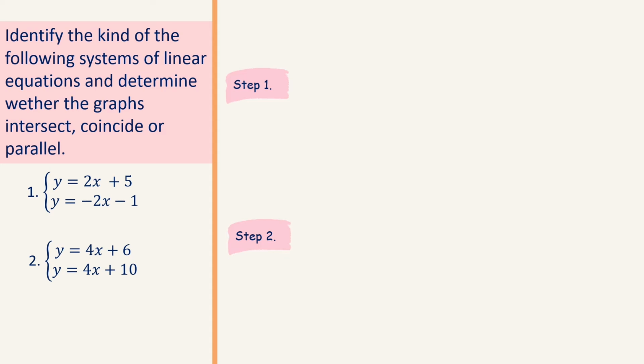Second example, the system of the equations y equals 4x plus 6 and y equals 4x plus 10. Again, for this example, both equations are written in slope-intercept form. So let's identify now the slope and the y-intercept of each equation. y equals 4x plus 6.